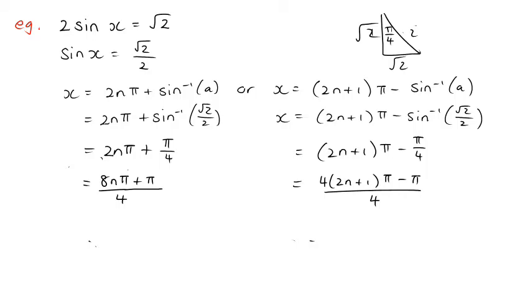Okay, what's a common factor of the top numerator? 8n plus 1. So 8n plus 1 pi. Right, that one's factorized as much as possible. So we say n is an integer.